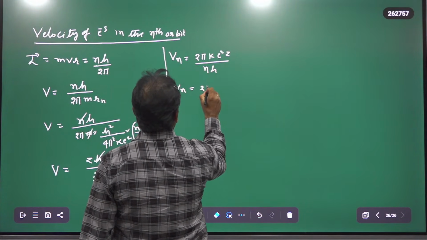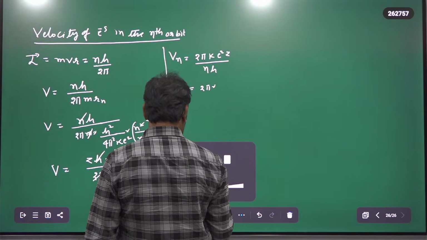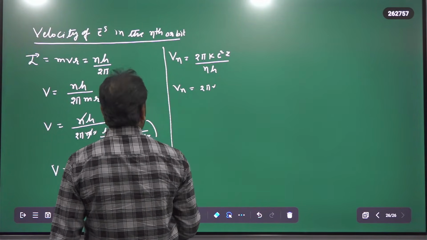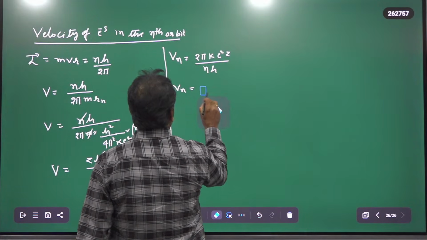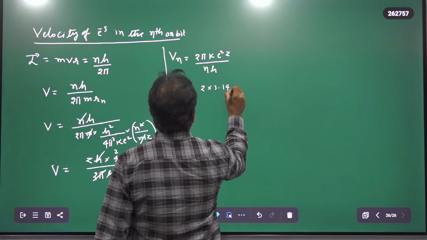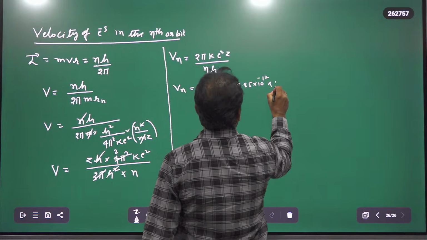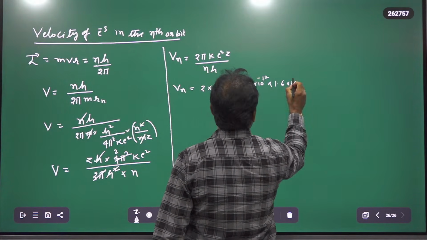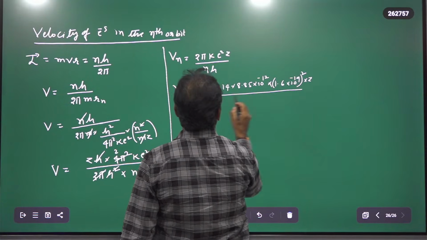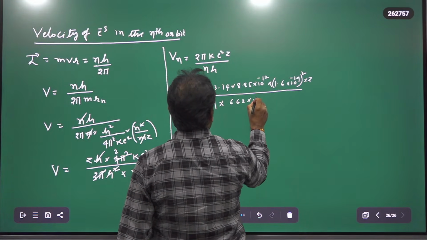Vn value is 2 pi into k. The k value is already known. So Vn is equal to 2 into 3.14 into 8.85 into 10 to the power of minus 12 into 1.6 into 10 to the power of minus 19 whole square into z upon n into the h value, 6.62 into 10 to the power of minus 34.